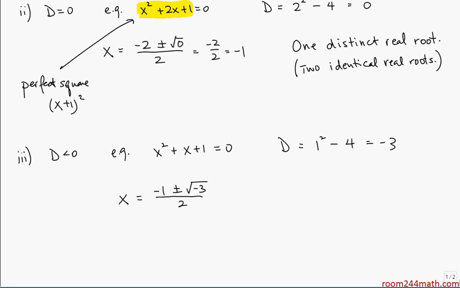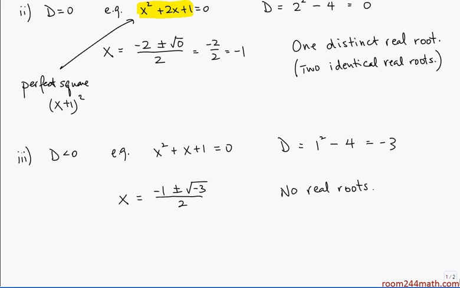For our purposes, for high school math, we're not allowed to take the square root of negative 3. And so we can stop right here and say there are no solutions or no roots. Or more precisely, we can say there are no real roots.